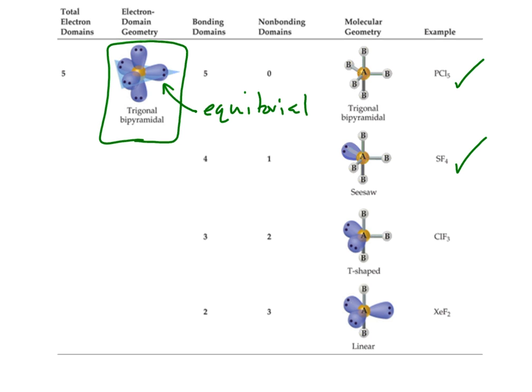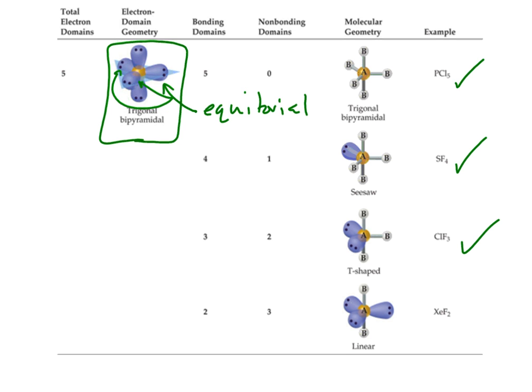The 3 that are in the plane perpendicular to the paper in this diagram, you would fill in those places first before you put it into the axial positions. So you can see that in the next one here. With 2 lone pairs, you get a T shape, and with 3 lone pairs, you would have linear.